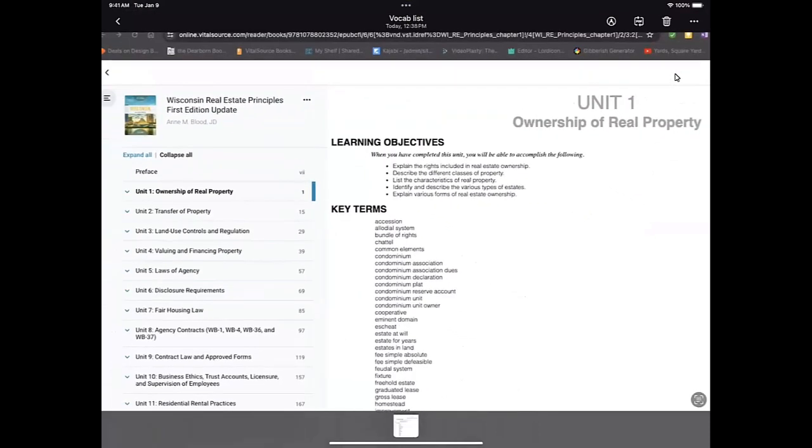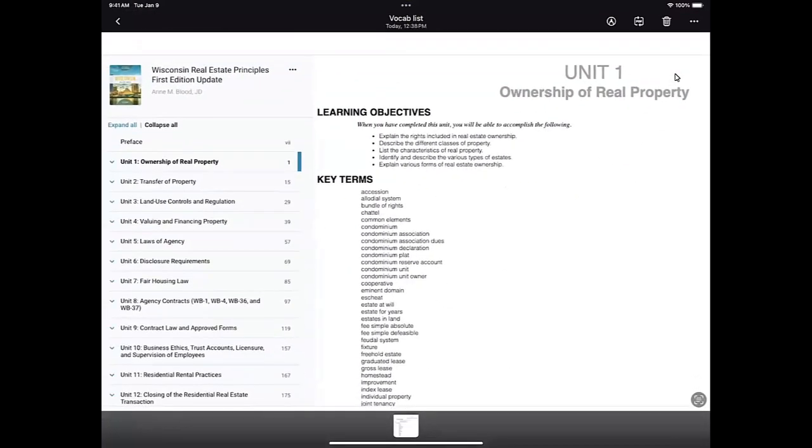But this was Unit 1, ownership of real property. And you see how there's a list of vocab words. So if you have a textbook, one of the best ways to see where the vocab word goes, or if you're confused, is to look at that list provided in the book. Now, I highly, highly suggest that you get a textbook if you don't have one.